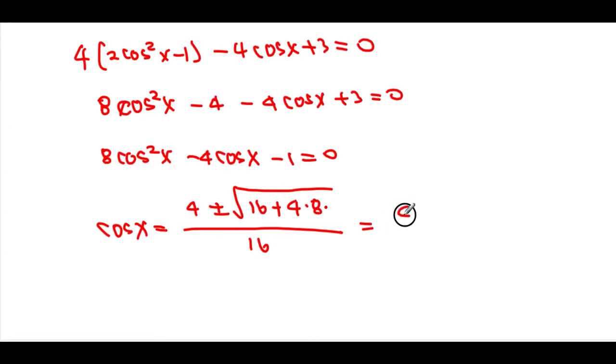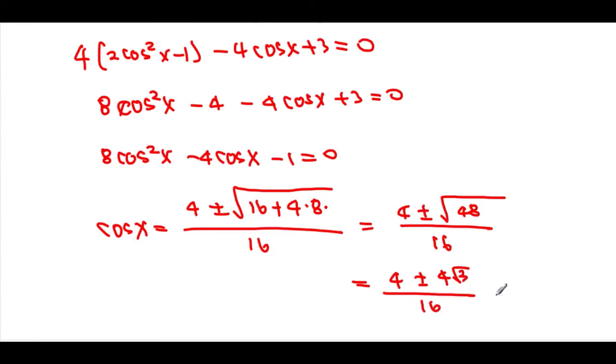So here we get 4 plus or minus, this one is 16, this one is 32, so we end up getting 48 divided by 16. Once you simplify this one, 4 plus or minus 4 radical 3 over 16. Let us cancel out 4's, then here we get 1 plus or minus radical 3 over 4.